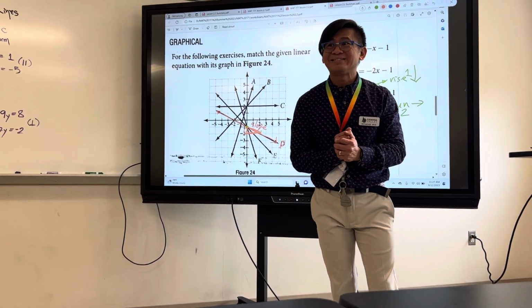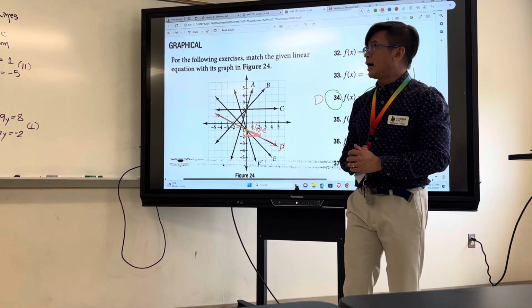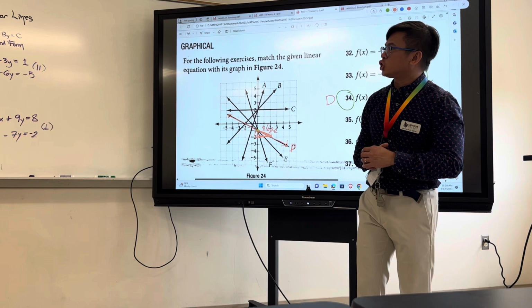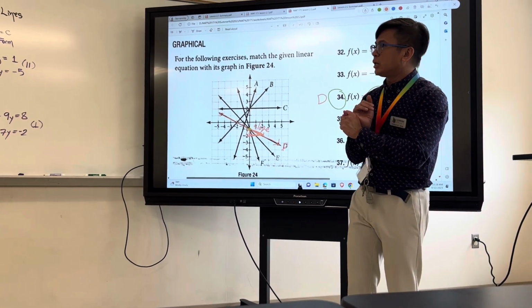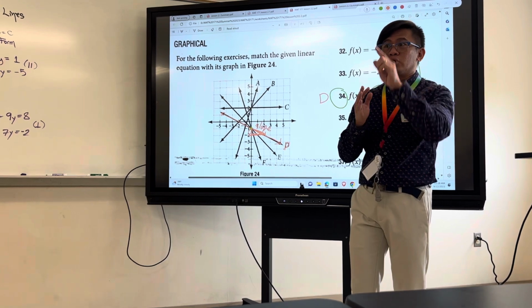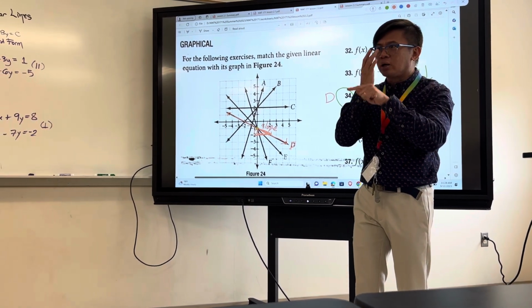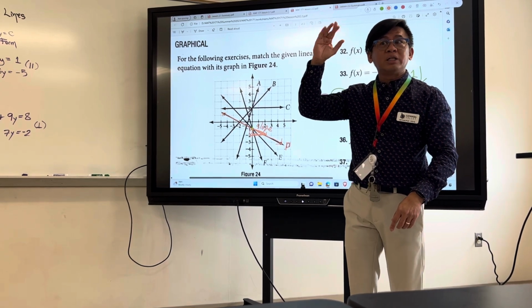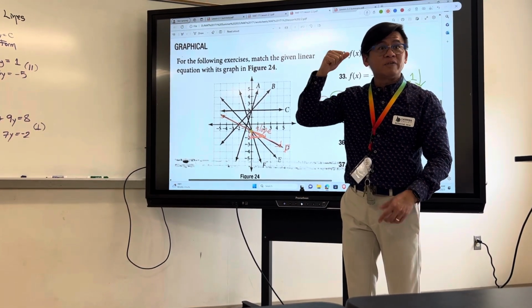Are we good? All right, so once again, that will be our how to graph a linear equation given its equation. Once again, get the y-intercept as a starting point. Use the slope to determine your right triangle, rise over run, because the numerator will always be the rise, either up or down, if it's positive or negative.